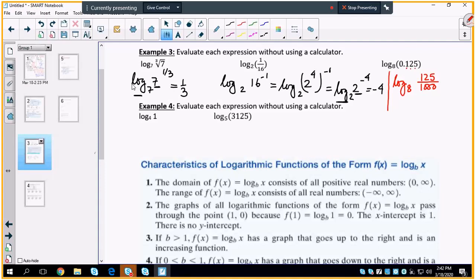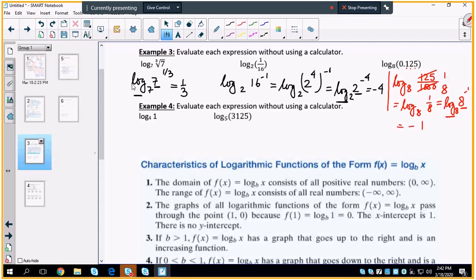I can divide both top and bottom by 125 and I get 1 over 8. So I have log of 1 over 8 to the base 8. That is log of 8 to the power -1 to the base 8. Exponential inside, logarithmic outside, both with the same base 8. They cancel each other and I get the input, -1.